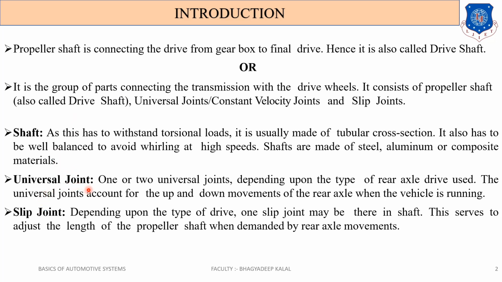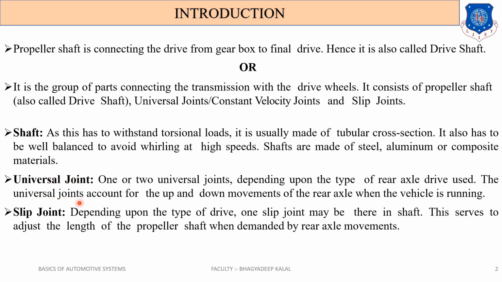Next is the universal joint. One or two universal joints are used, depending upon the type of rear axle drive. With a Hotchkiss drive, two universal joints are used, and with a tubular type of rear axle drive, only one universal joint is used.